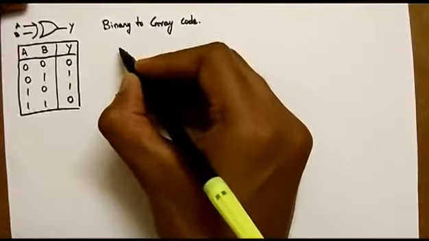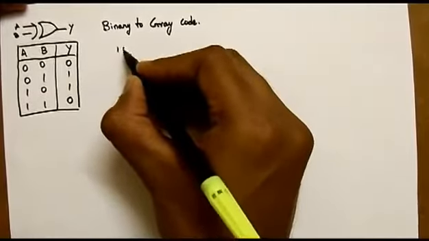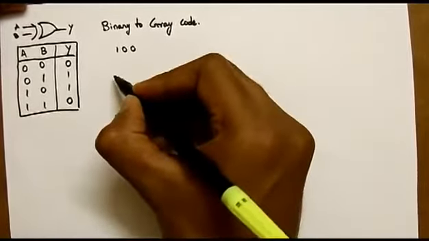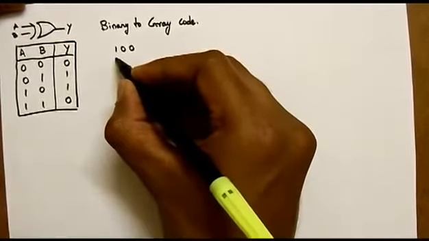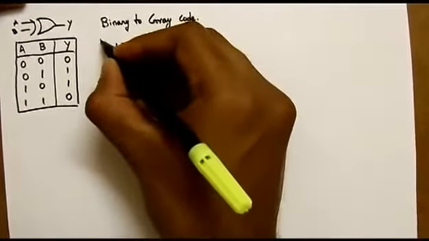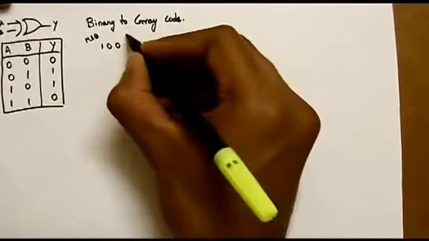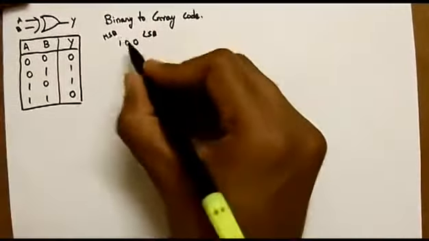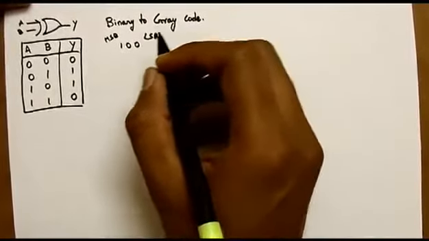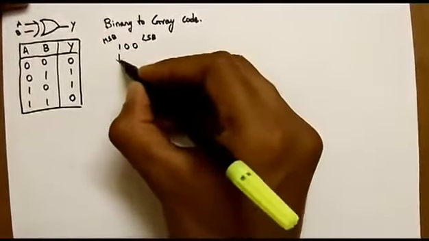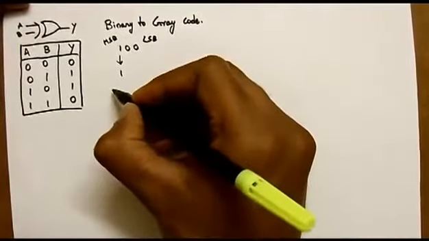I'll show you an example for this. Let me take 100 binary code. Before we start conversion, we will see this is MSB and this is LSB. For binary and gray code, MSB is always the same. So we can directly write MSB as it is.